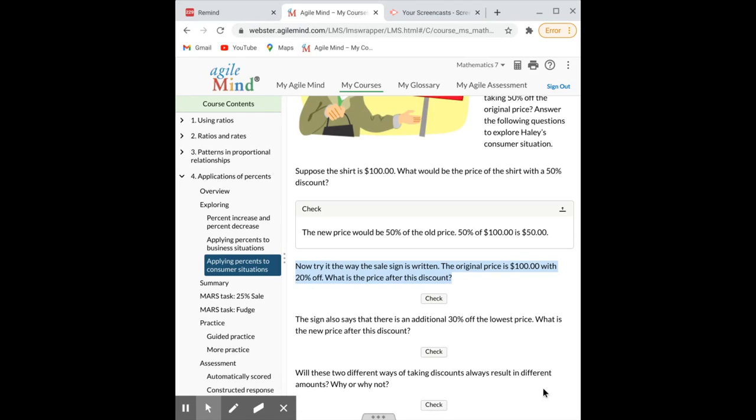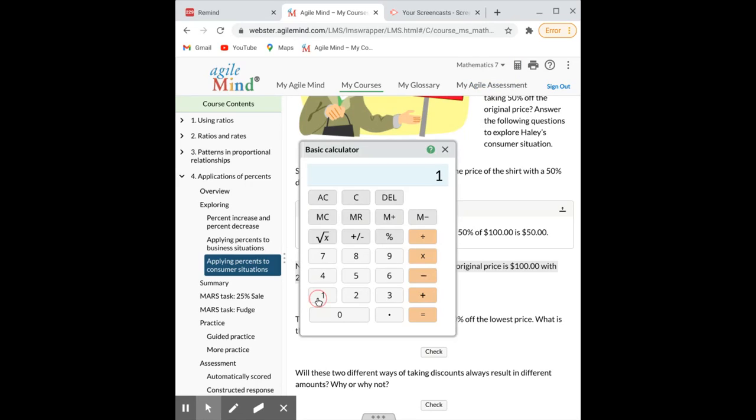I was thinking we were on the one below because we were just talking about it, so I messed myself up. So go ahead and say that one more time, Hagen. What are we going to do? 100 minus 20%. All right. So let's do that. So that gives us $80.